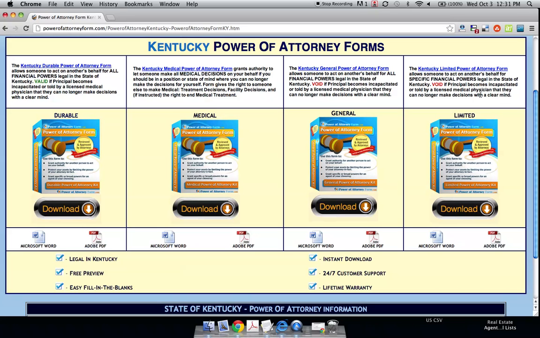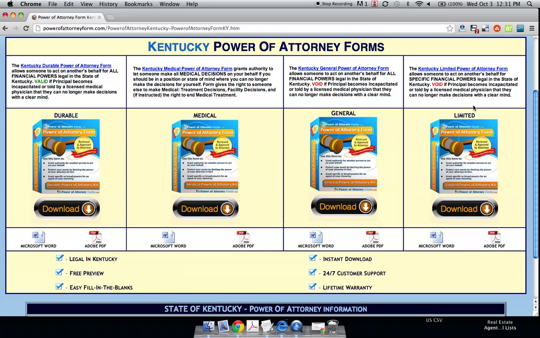If you want someone to pick up a car for you, or get your mail at your P.O. box, or receive certified mail, anything. So this is a really good form if you're just using it for everyday use and you want someone to do some things for you, but there are other things that you don't want them to have power for. This limited power of attorney form is really useful.